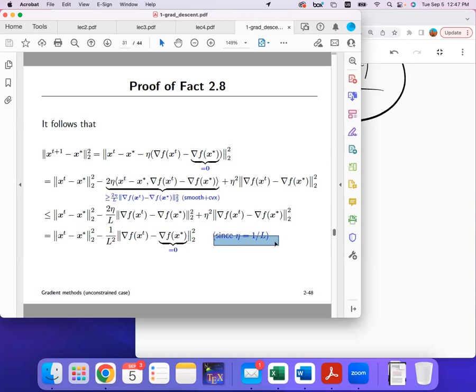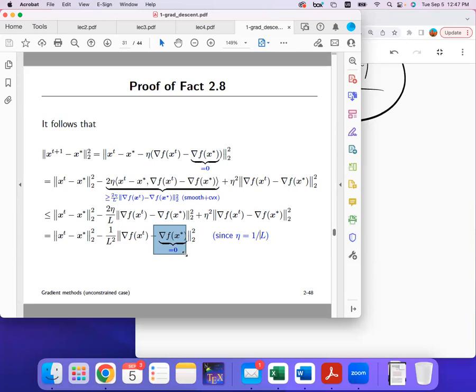You can simplify that into the last term. And then finally, this is basically 0, because it's the gradient at the minimizer. So this proves that claim.